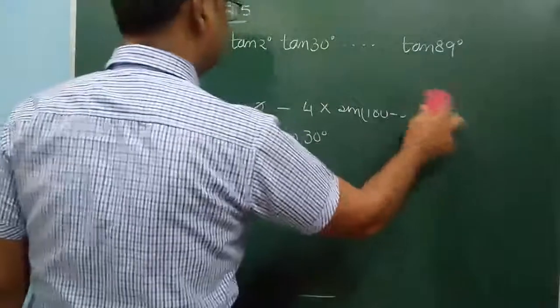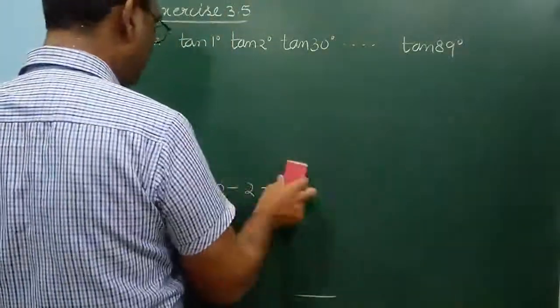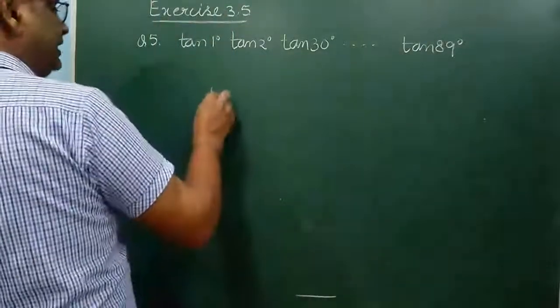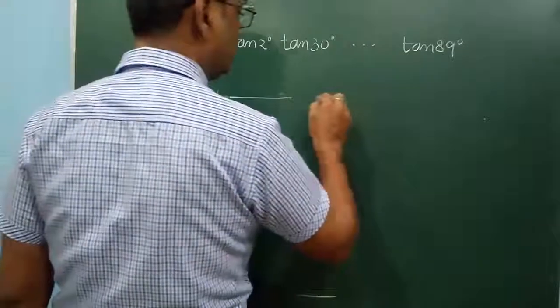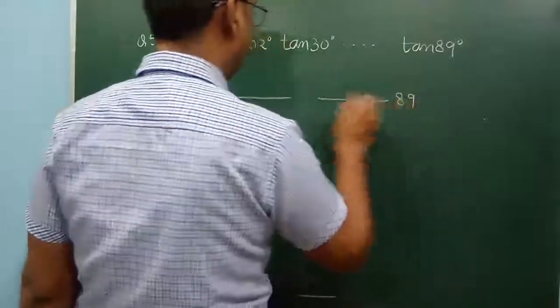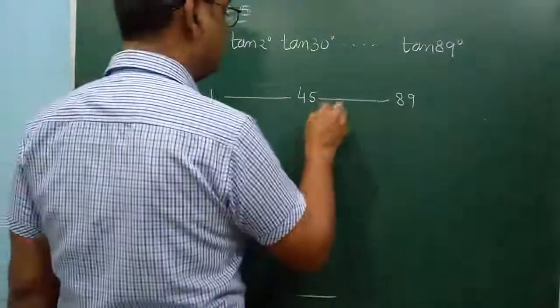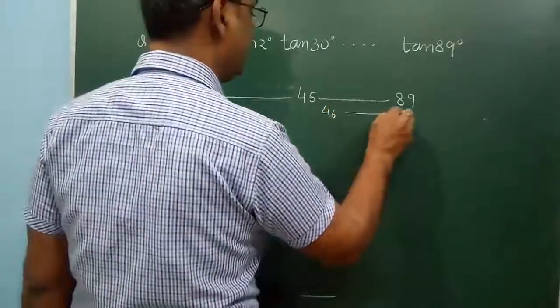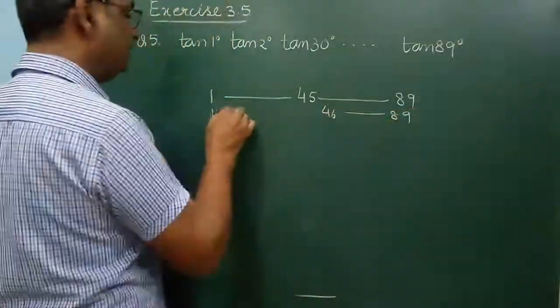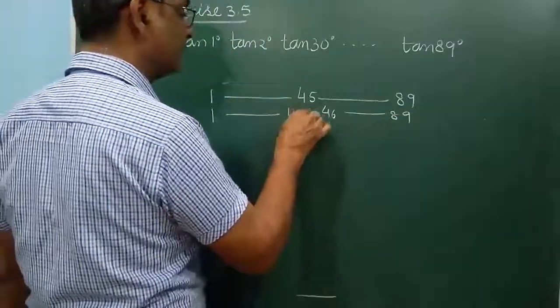So here if we count the numbers from 1 to 89, one number will be falling here, 45. So from 46 to 89 and here 1 to 44, correct?